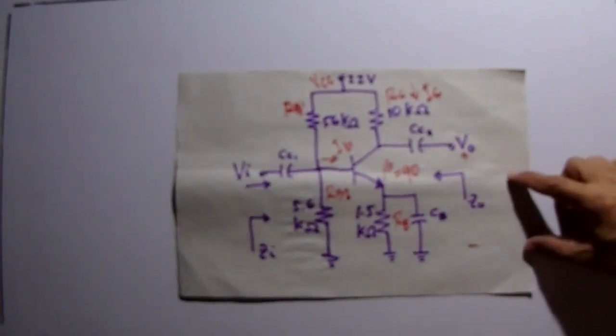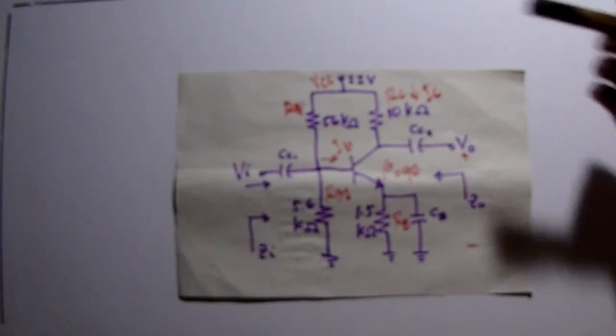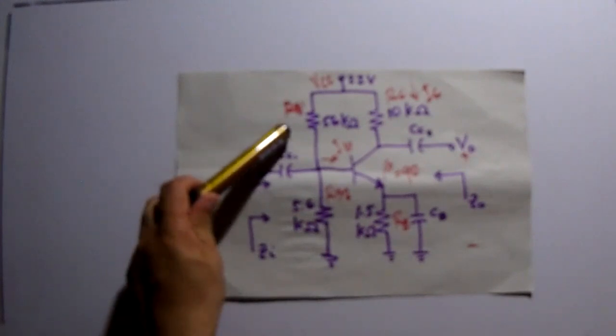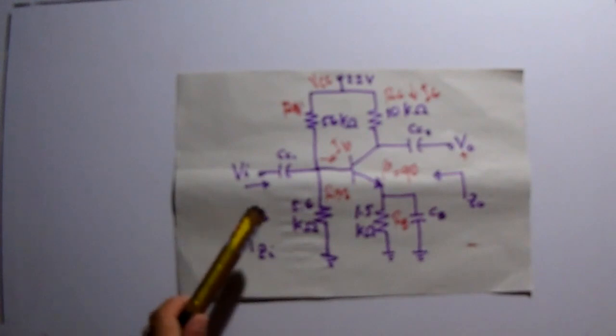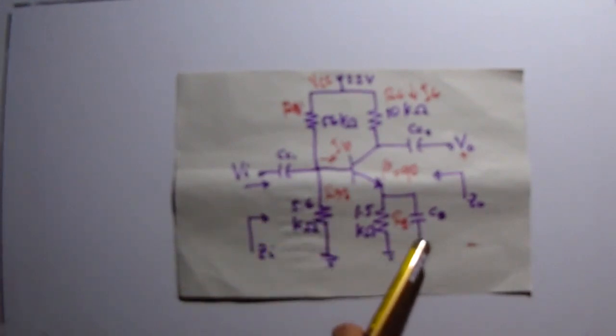Let us consider this circuit. We have VCC equals 22 volts, RB1 equals 56 kilo ohms, RC 10 kilo ohms, RB2 is 5.6 kilo ohms, and RE equals 1.5 kilo ohms.